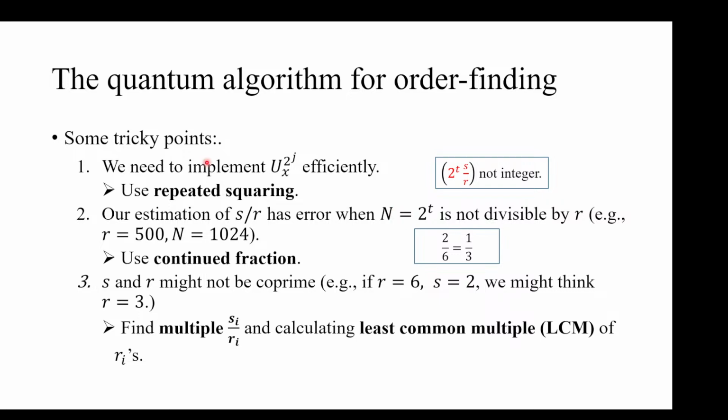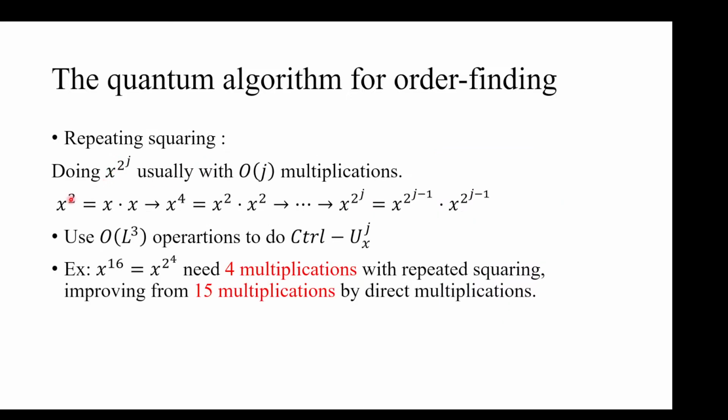So we need to do U^(2^j) very efficiently, and this can be done by repeated squaring. If you want to calculate, basically a classical calculation, x to the 2 to the j, then you just keep squaring things. You multiply x together to get x squared, then you multiply 2 x squared together to get x4, and you can multiply 2 x4 together to get x8, etc. In this way, to get x to the 2 to the j, you only need to do j operations.